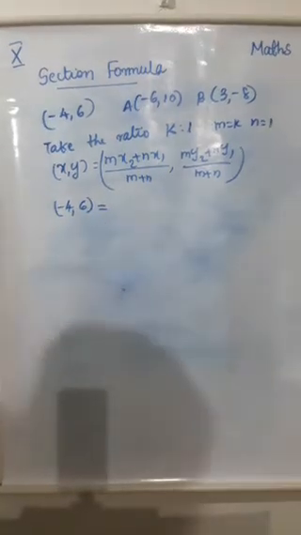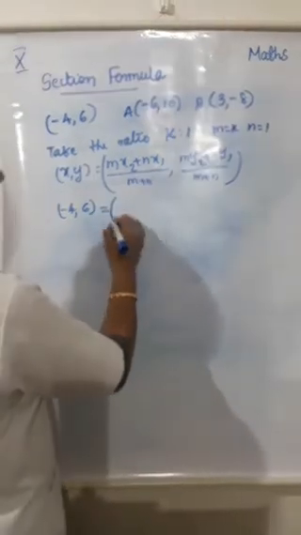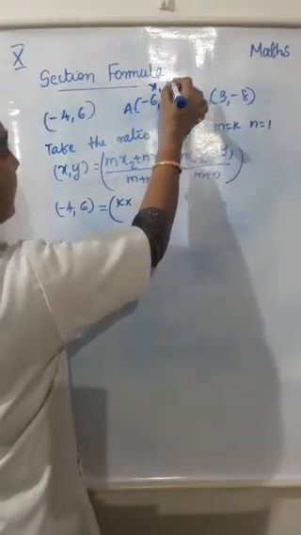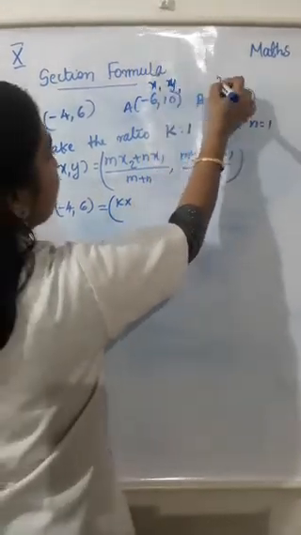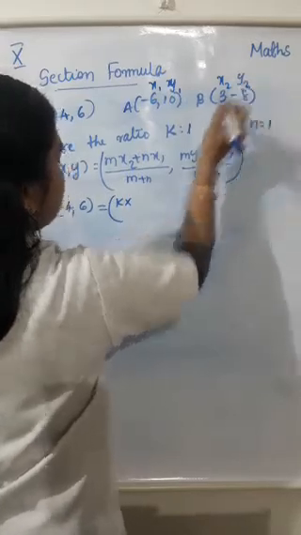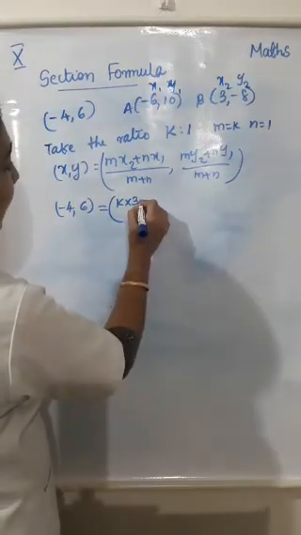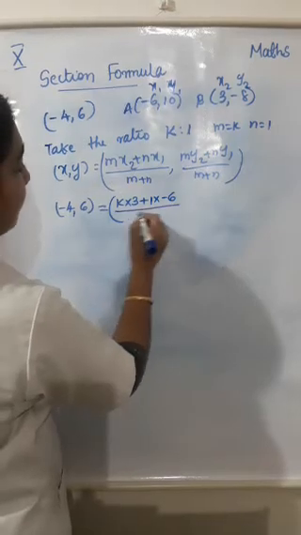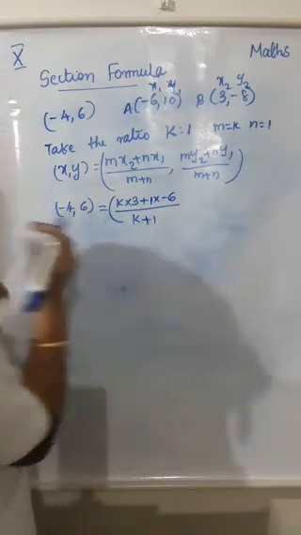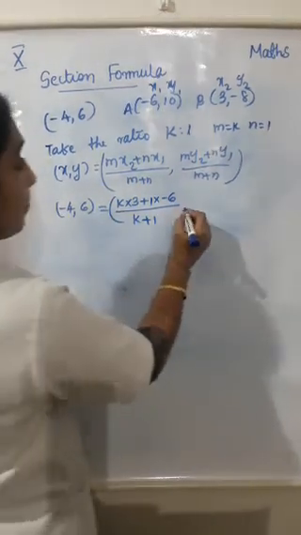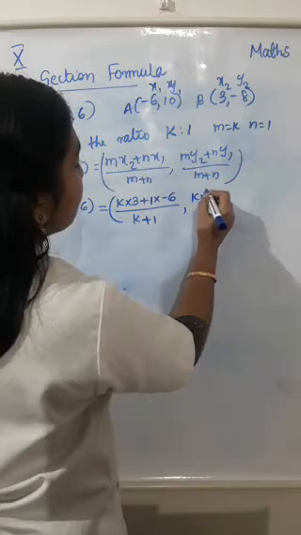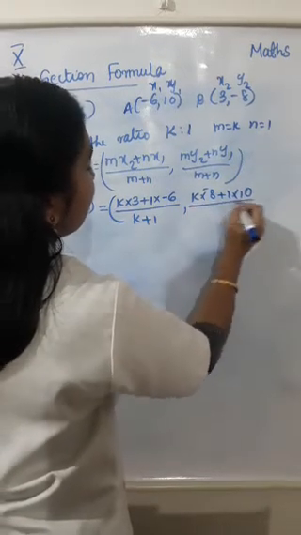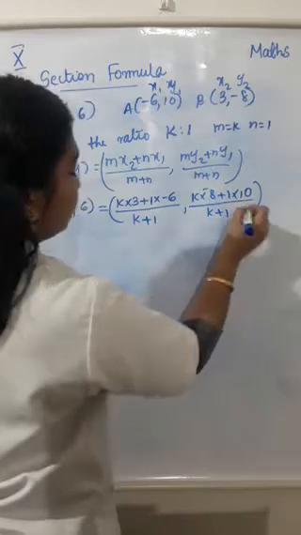(-4, 6) is equal to, here m is k, so k into x2, x1, y1, x2, y2. So k into 3 plus 1 into negative 6 divided by k plus 1. Then k into negative 8 plus 1 into 10 divided by k plus 1.